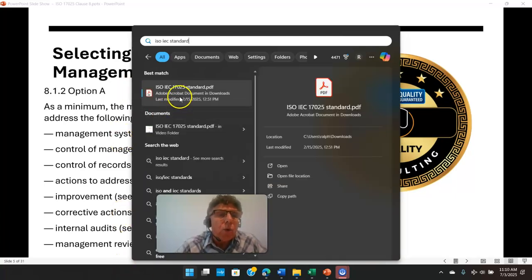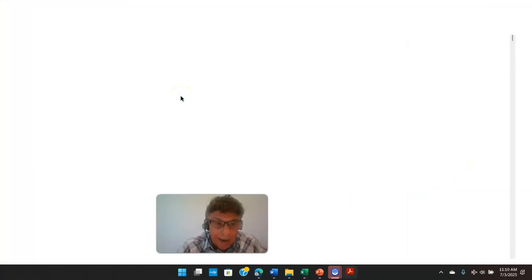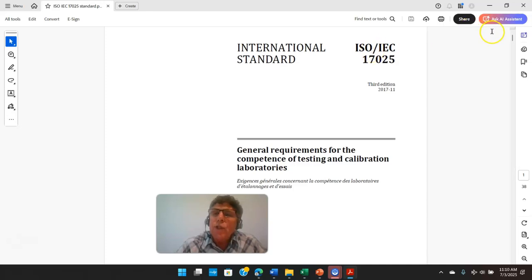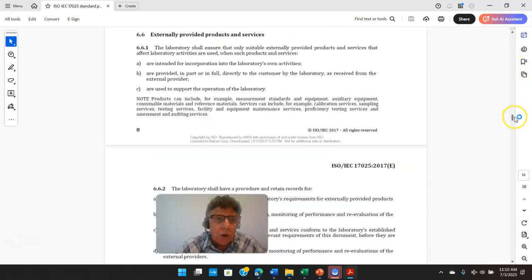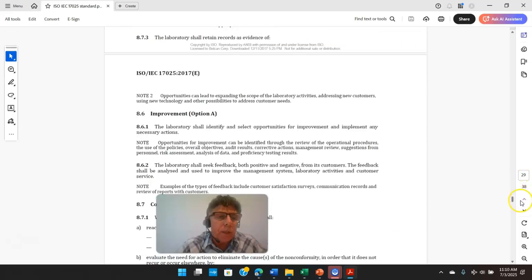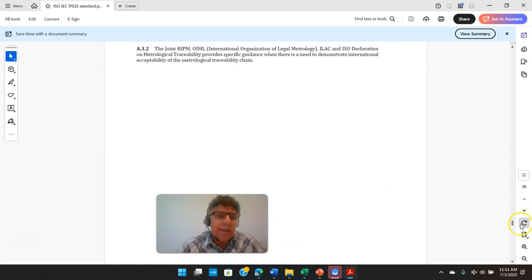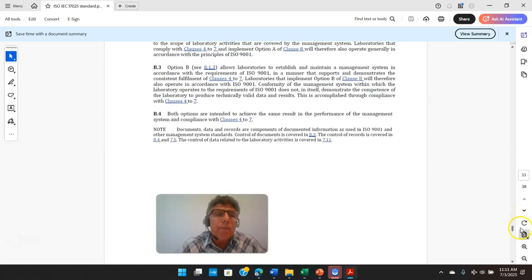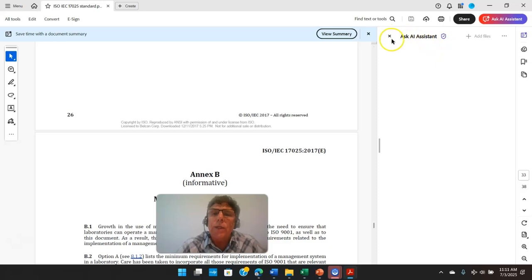So if I go right to the standard and go to Annex B, as you can see on my screen, I'm going to scroll all the way down to the appendices, Annex B. This is where you don't want to take my word for it. You want to go right to what the actual standard says about this, right?